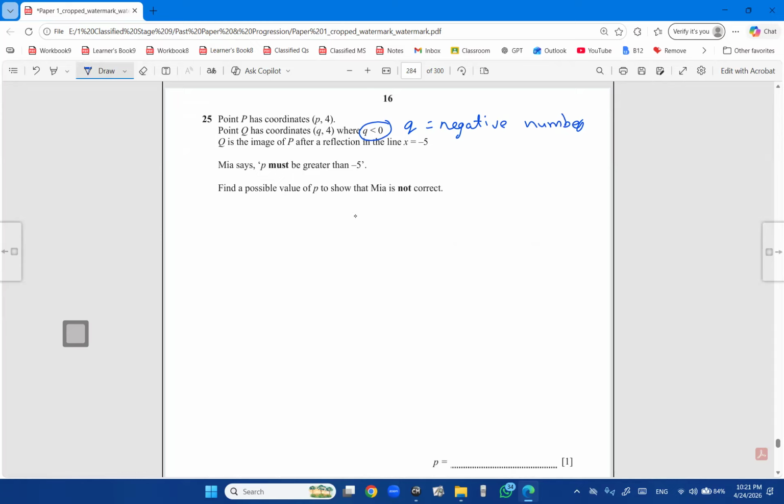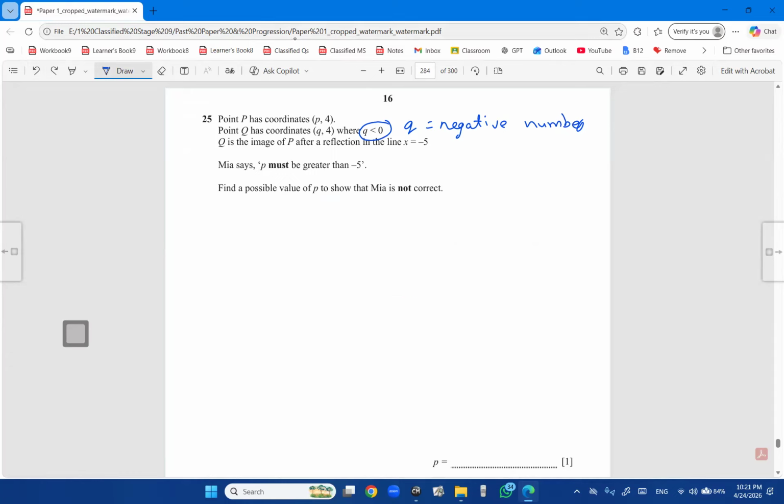All right, to make it realistic, I'm going to draw straight lines. You don't have to, but to help you understand it, let's say that this is the x-axis. Here is the y-axis. So x and y. They told you the mirror line is x equals -5.